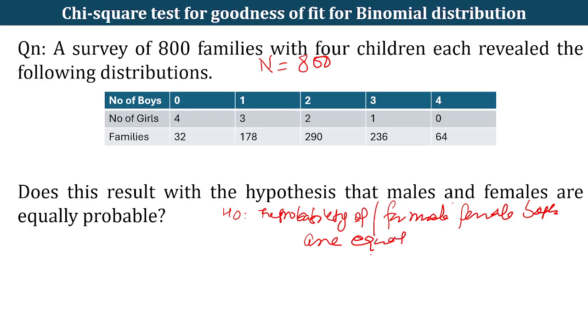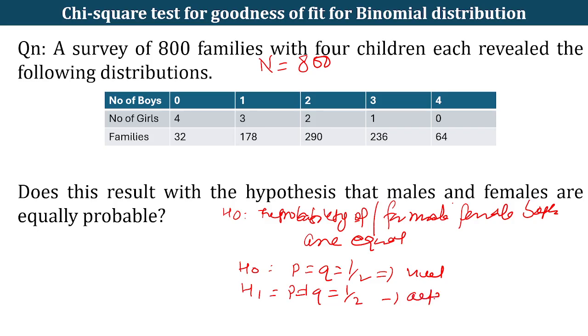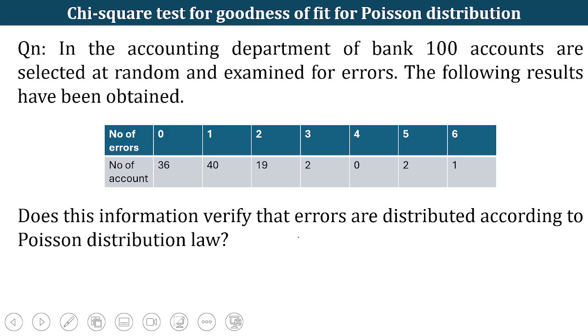So H naught will become P is equal to Q is equal to half. The alternate is that P is not equal to this much. This is the null, and this is the alternate. So I'll take one page actually.